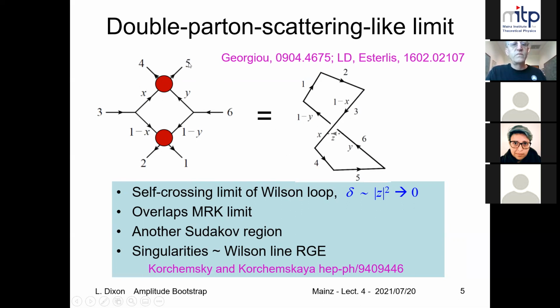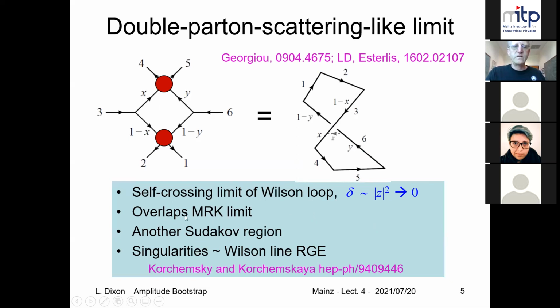So this subprocess, this 2 goes to 2 subprocess, is this lower one that is bounded by 4, 5, x, and y. And to the extent that these guys are almost on shell, then this becomes a closed Wilson loop. And so this variable z must be going to 0. So in other words, it's a self-crossing limit where the hexagon almost becomes 2 squares.